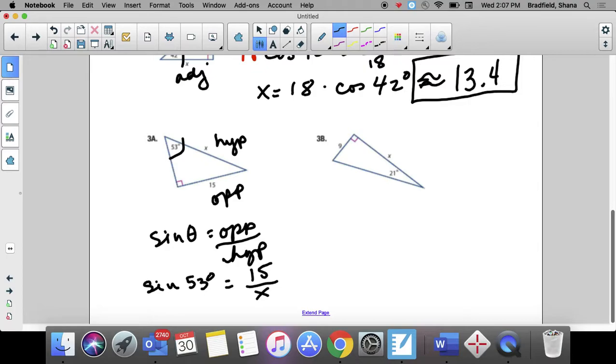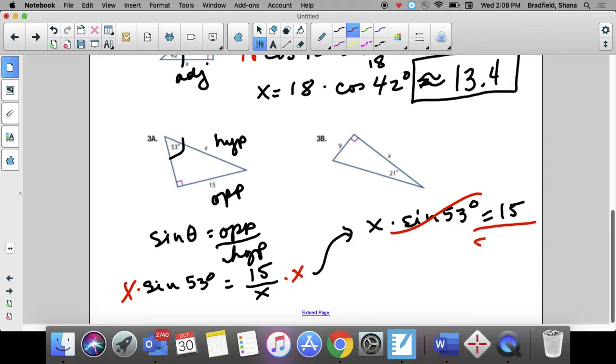So basically, what I'm going to do is I'm going to multiply by x to get it out of the denominator, because you can't solve for x if it's in the denominator, which would give me x times the sine of 53 equals 15, and then you have to come back and divide by sine of 53. So you get x equals 15 over the sine of 53 degrees.